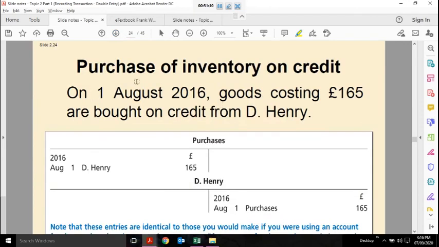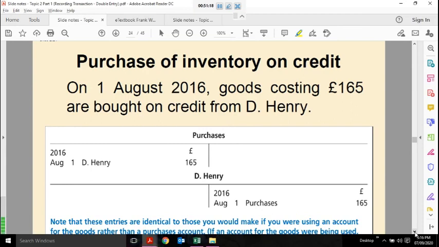Now let's look at this example. On 1st August 2016, goods costing 165 are bought on credit from D. Henry. So when you buy goods, your inventory will increase.